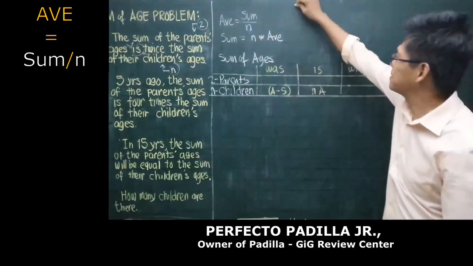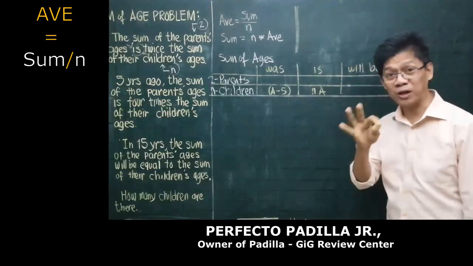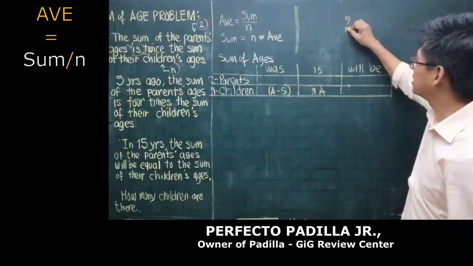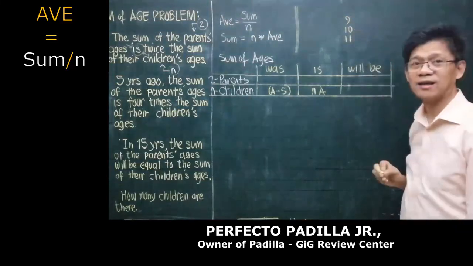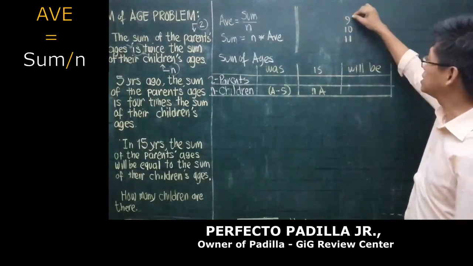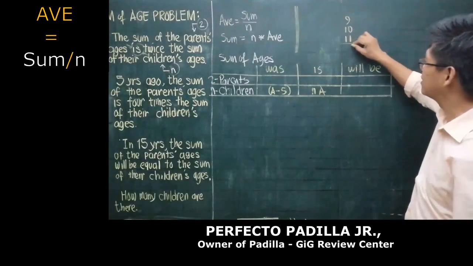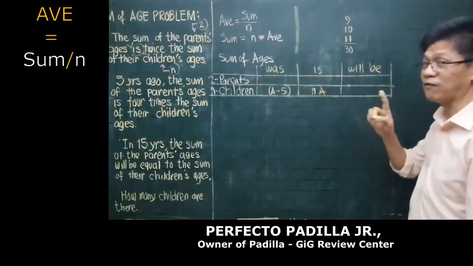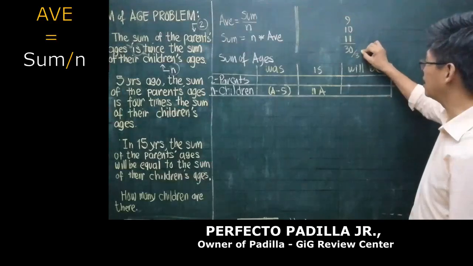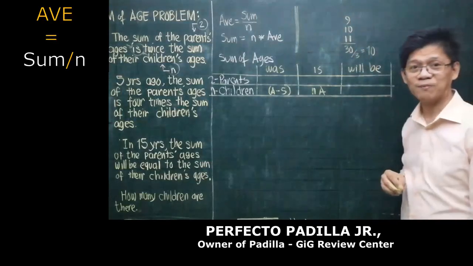Suppose at present, you have 3 children, for example, whose ages are 9, 10, and 11. The average age of 9, 10, and 11 is 9 plus 10 plus 11, that's 30, divided by 3. 30 divided by 3 is 10, the average.